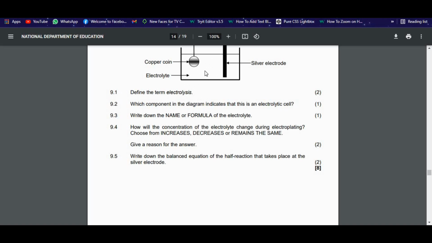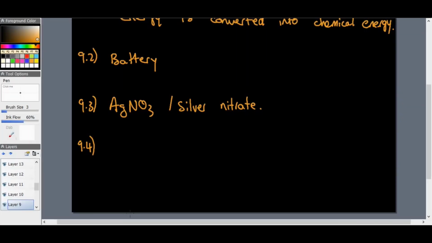Even so, if the silver from the electrolyte had to go to the copper plate, the silver from the electrode would still be oxidized in any case and bond with the nitrate in the solution. Point is, the concentration of the electrolyte, which is silver nitrate, silver fluoride, silver whatever, remains the same.